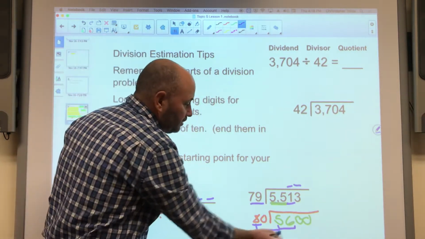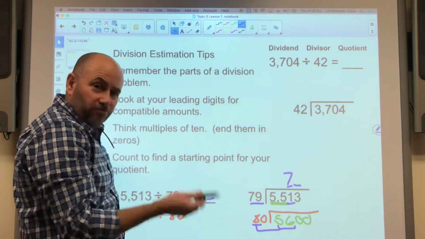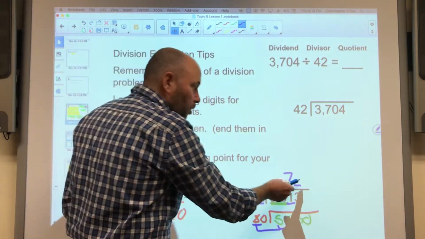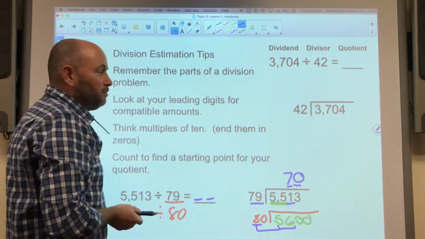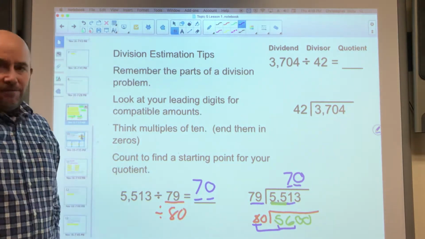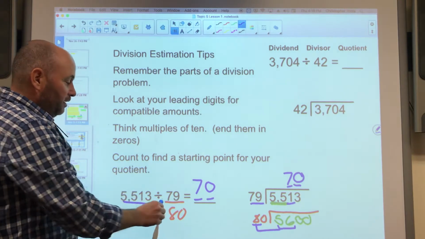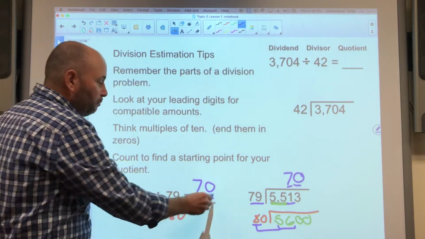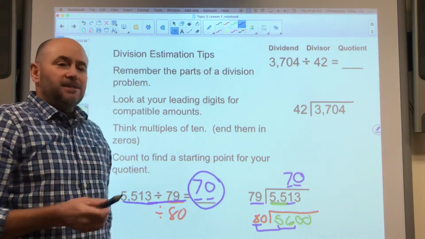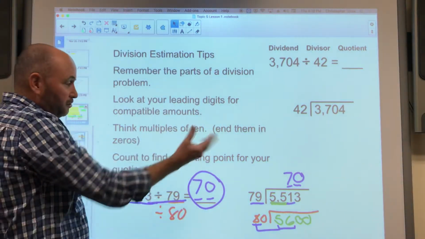Well, 8 goes into 56 7 times. That's our first digit in our estimated quotient. Fill in with zeros. And so our answer here is approximately 70. So 5,513 divided by 79 is approximately 70. Okay? And then you could do the full division to test your estimate.